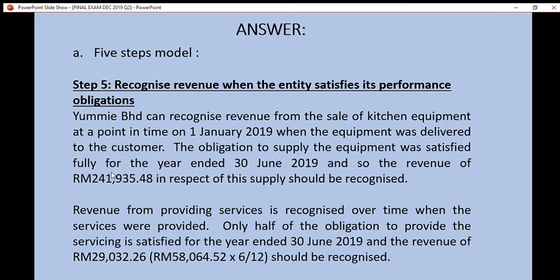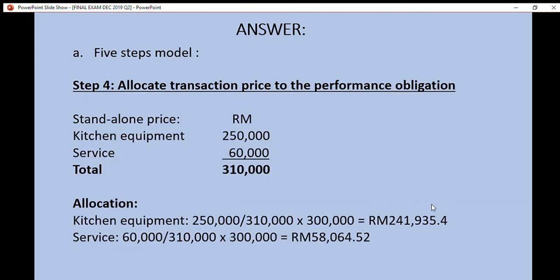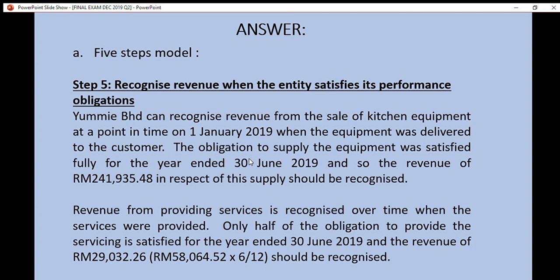The revenue recognized for the supply of equipment is based on this transaction price allocated to the kitchen equipment. So this is the amount of revenue that we can recognize from the sale of kitchen equipment on 1st January 2019, or during the year ended 30th June 2019.